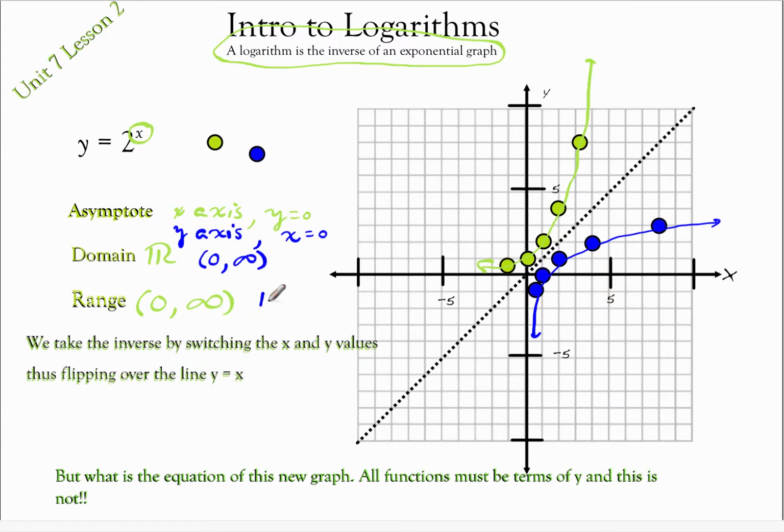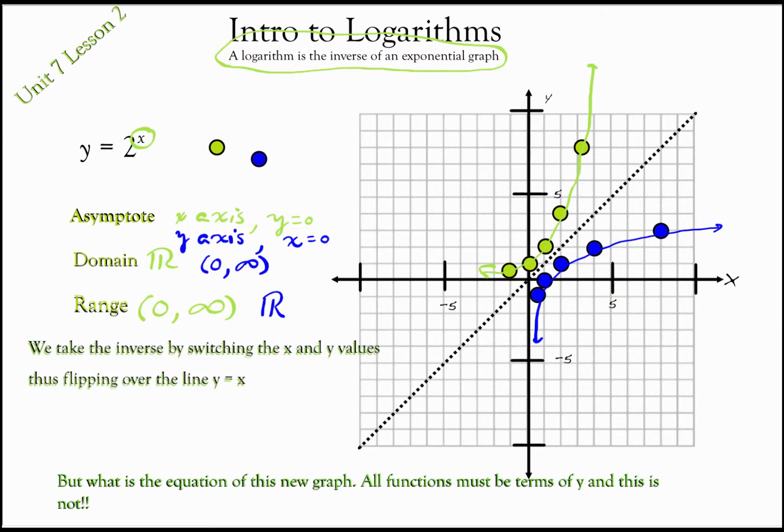Its range is, well, I can get all real answers. And if you see, a logarithm is the complete inverse to an exponential. We switched x and y. Everything switched. Get it? Asymptote was x-axis, now it's y-axis. The domain and range flipped. The range of an exponential graph is now the domain of a logarithm, and the domain of an exponential graph is now the range of a logarithm.